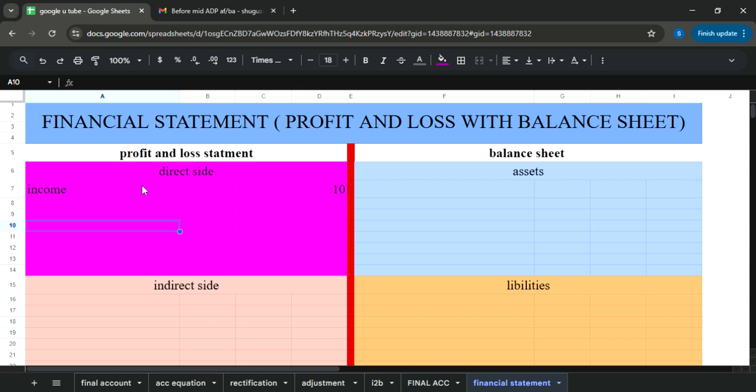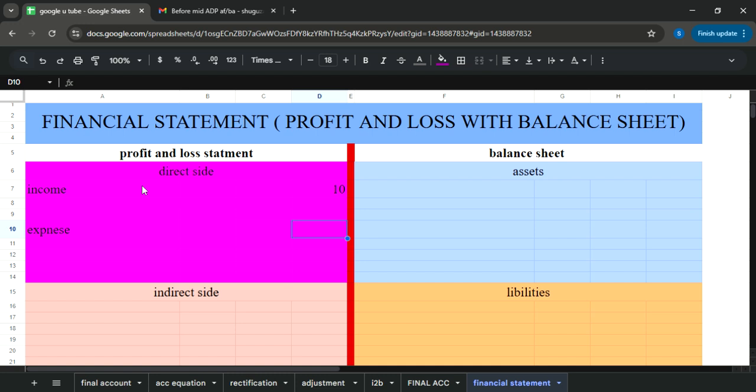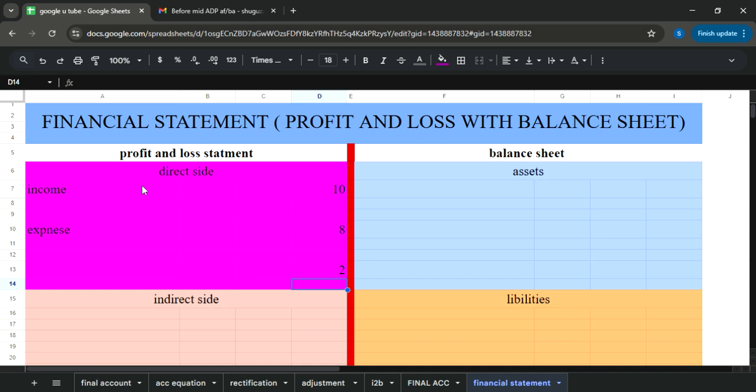Further, you will see how much expense the business is incurring. Let's say the business has an expense of 8 rupees. So as the final result, you will see that the business has earned a profit of 2 rupees. So this is the simplest way in which you can calculate profit or loss.